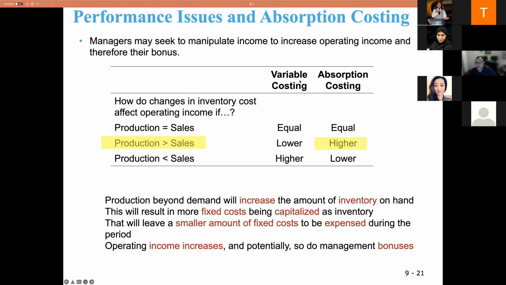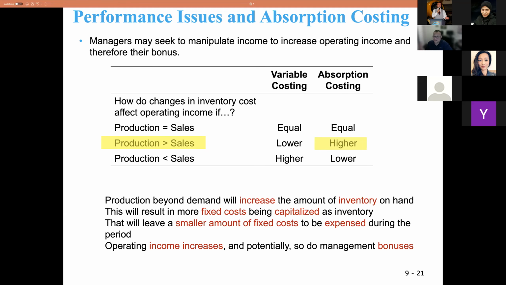For external reporting purposes, the company has to rely on absorption costing, right? But performance evaluation is an internal function, right? Nobody will stop you from using variable costing, right? If you use variable costing to evaluate the manager, do you think they will still overproduce the products?